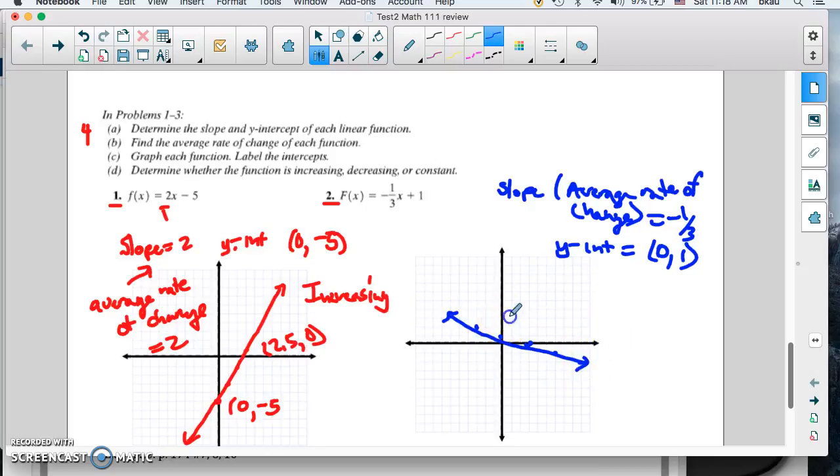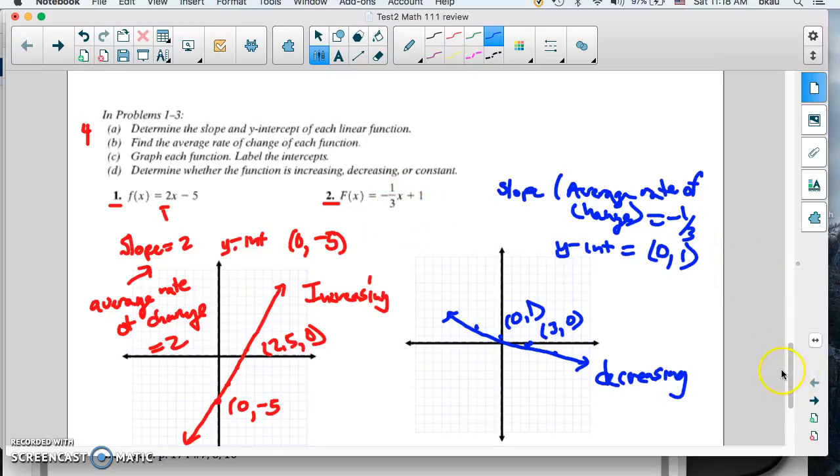So our points are going to be 0, 1 here for the intercept, and 3, 0 for the intercept. It's decreasing because it's going down. Constant would be one that's horizontal. It doesn't have an x if it's a constant one.